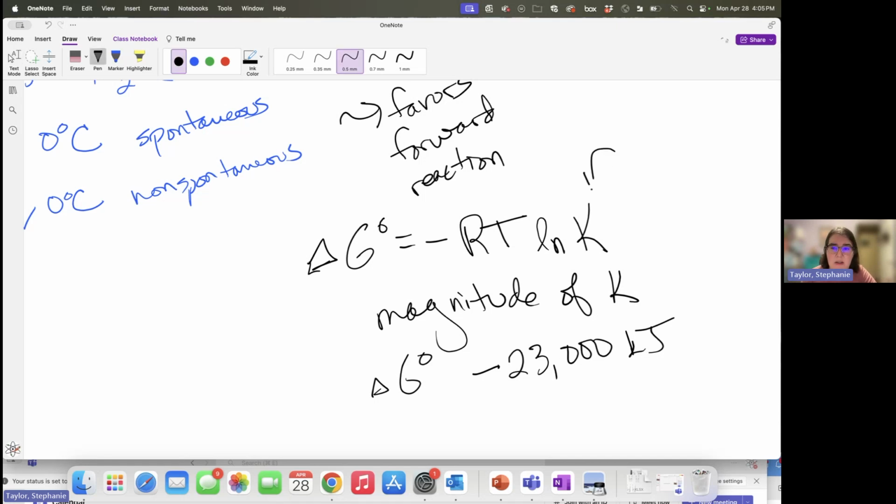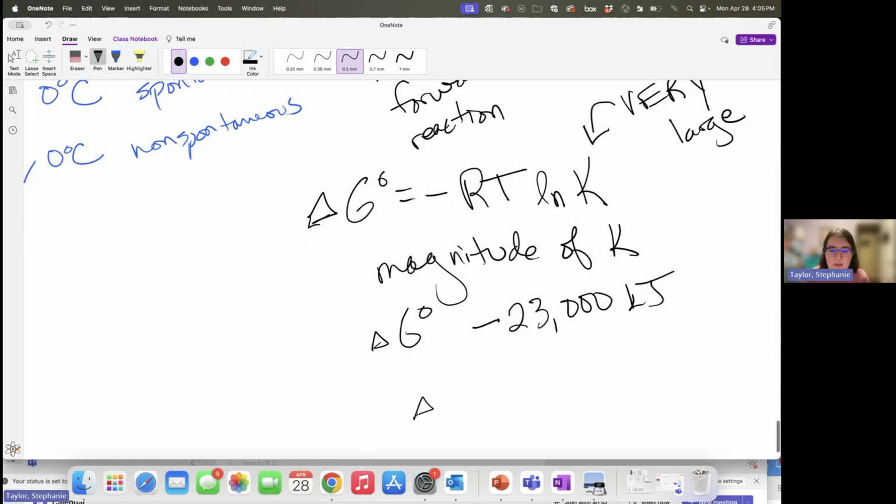So I would expect my K value to be very large. I would expect K to heavily favor products because my delta G standard would be such a large value. So those sorts of things can be useful to get a general idea of how big you expect K to be based on delta G standard.